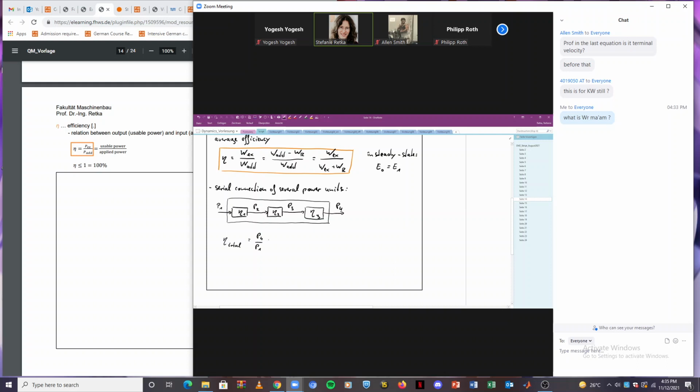And if we know the efficiencies of every individual power unit, we can compute the total efficiency by multiplying the individual efficiencies.